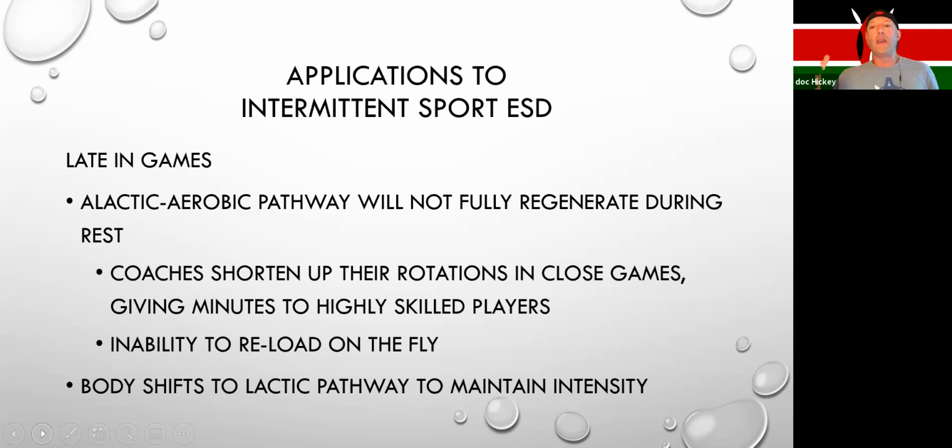So with the lactate pathway late in games, as I talked about a minute ago, our alactic aerobic pathway is going to erode, and it's not going to have the opportunity to fully regenerate. It could be because my athlete is getting tired. The other thing that could cause this is a coaching decision, a strategic decision.